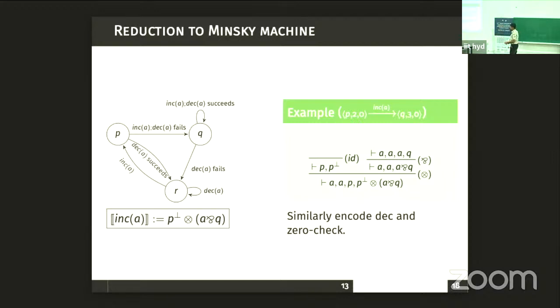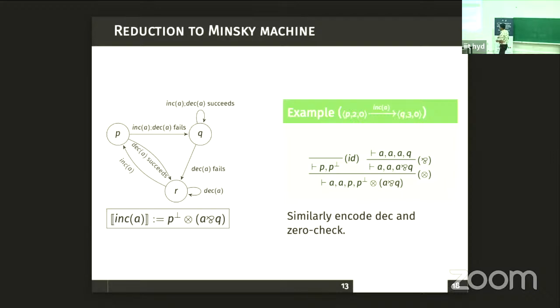So we consume P, that we were in P, and then we produce an A, and we produce the state Q. And so let's say you were in a configuration where you were in P, you had two tokens in the register A and no tokens in the register B, and you want to fire this incrementation. So it would look like this. You have two A's, you are in the state P, and now you are executing this incrementation.